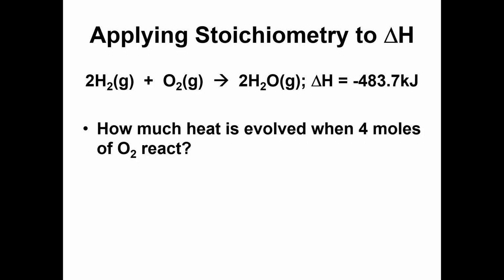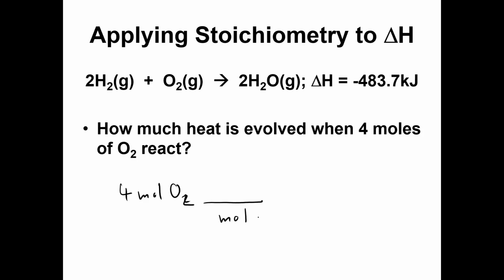And so we can do calculations using the same reaction, asking how much heat is evolved when 4 moles of oxygen react. You simply say 4 moles of O2, and you set it up just like you would millimeters to centimeters, or grams to kilograms, and pounds to, I don't know, ounces.